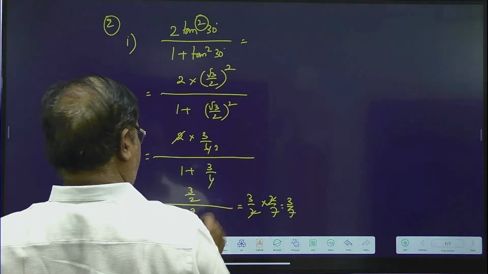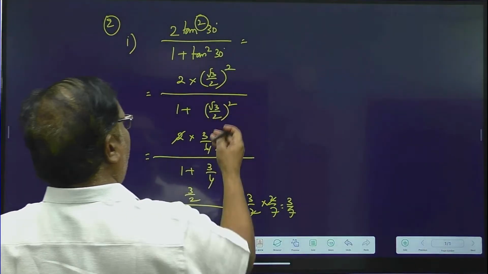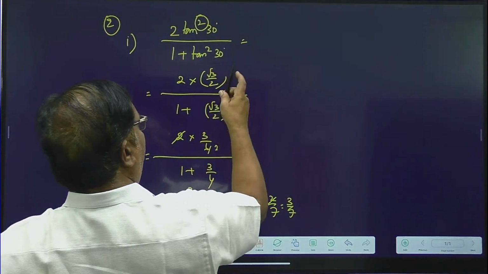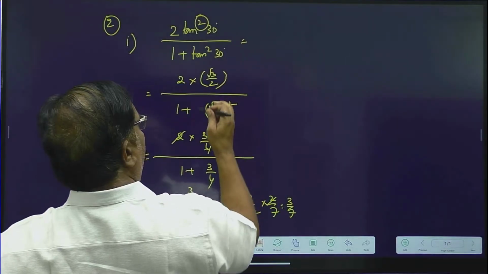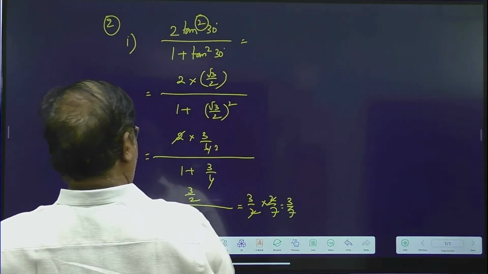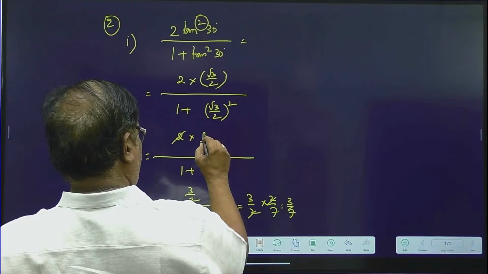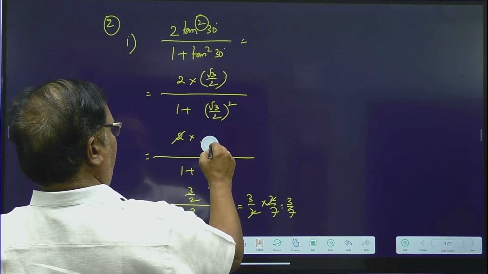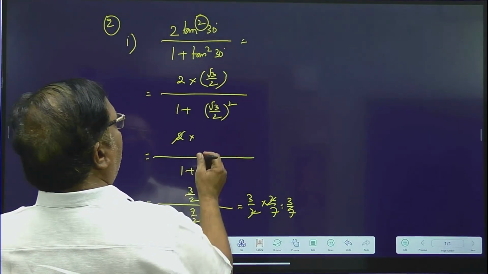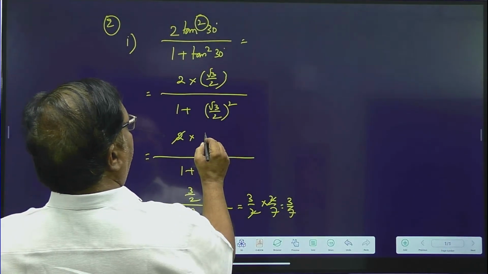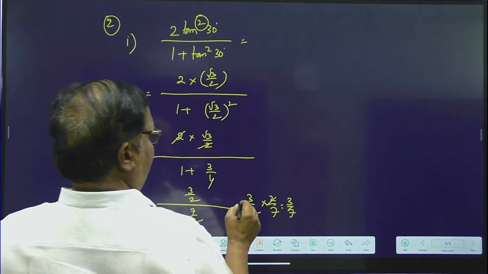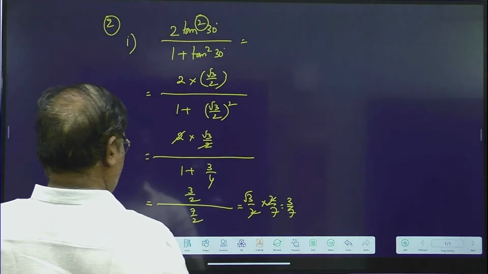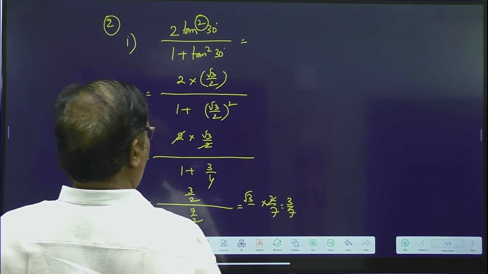So tan 30, either square you have to rub it. I will use this. So then it is equal to 3 by root 3 by 2, 2 will get cancelled. So root 3, there is no 2.